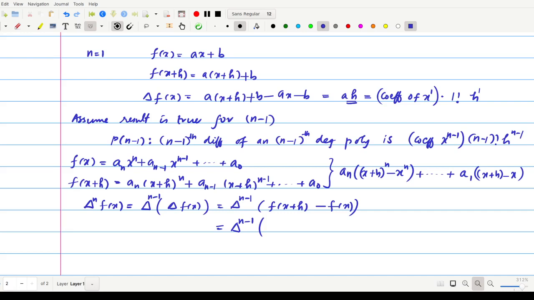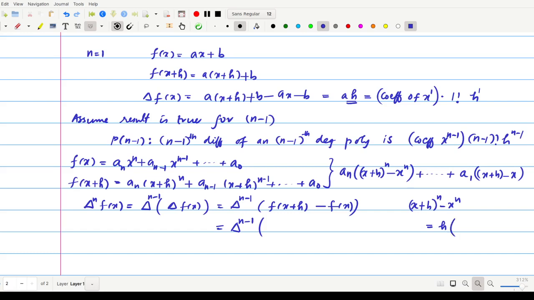Because when you evaluate one particular term of this polynomial, say the leading term x plus h raised to n minus x raised to n, this is nothing but a raised to n minus b raised to n. So that will have the factor a minus b, and a minus b is x plus h minus x.